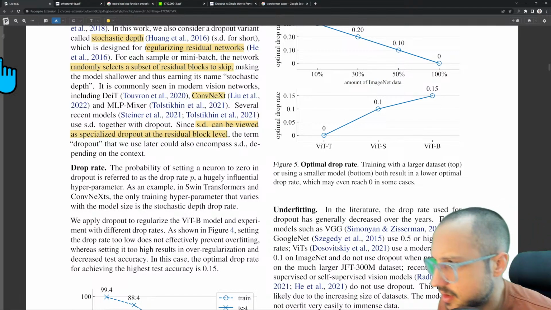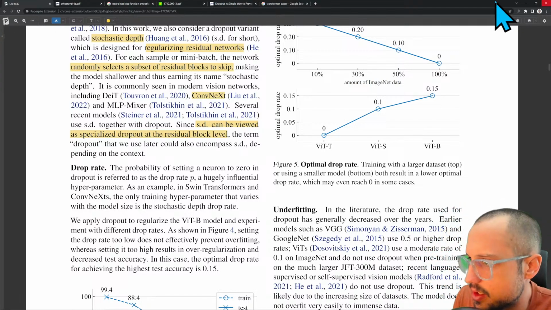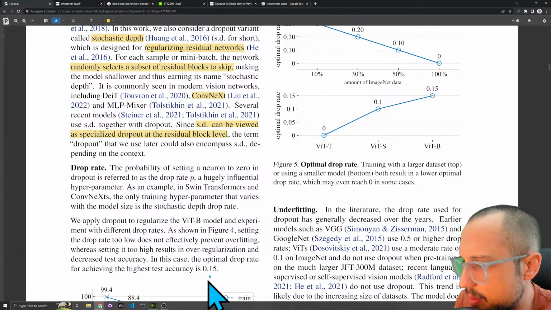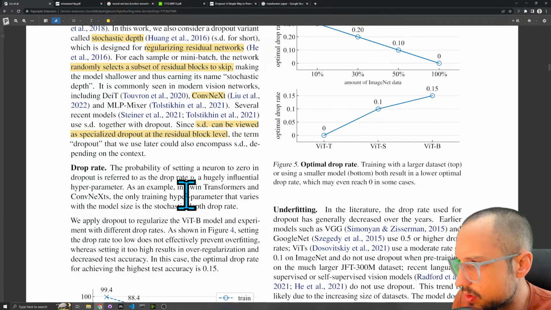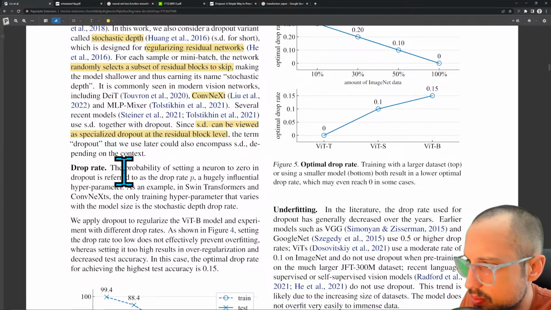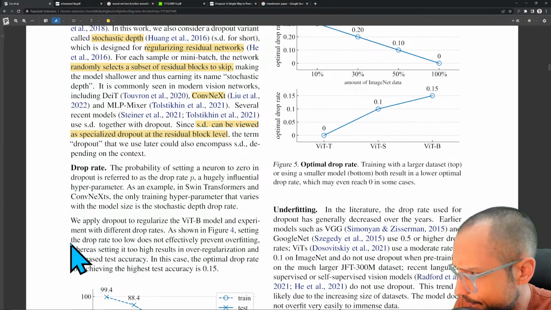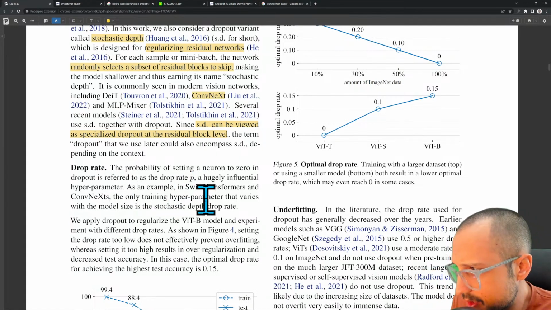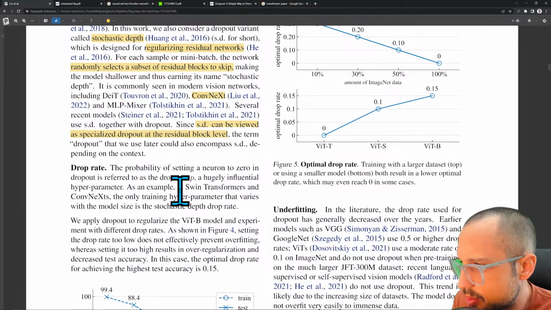Drop rate. Probability of setting a neuron to 0 in the dropout is referred to as the drop rate P. Hugely influential hyperparameter, right? So it's a probability between 0 and 1. As seen in Swin transformers and ConvNeXt, the only training hyperparameter that varies with the model size is the stochastic depth drop rate.